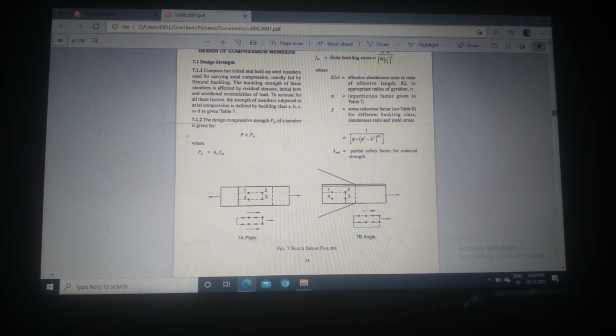If we are calculating Avg, just multiply this distance into thickness. But if we are calculating the net, then subtract the area occupied by the bolt holes, that is, subtract the diameter of the bolt holes into thickness.